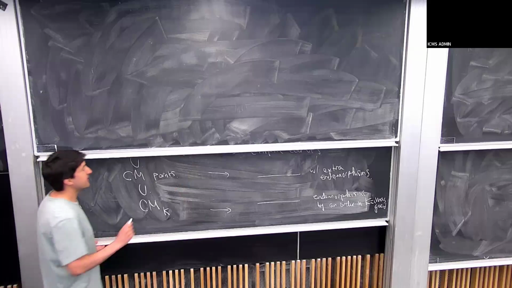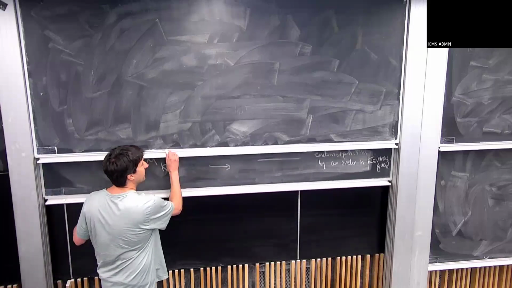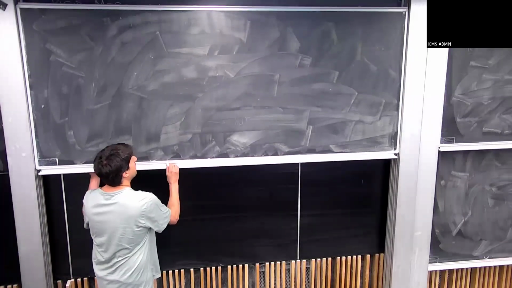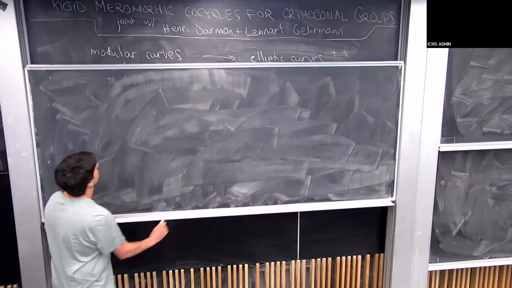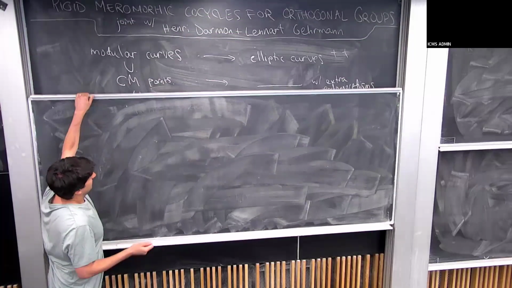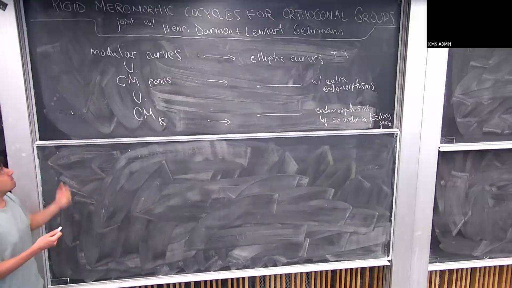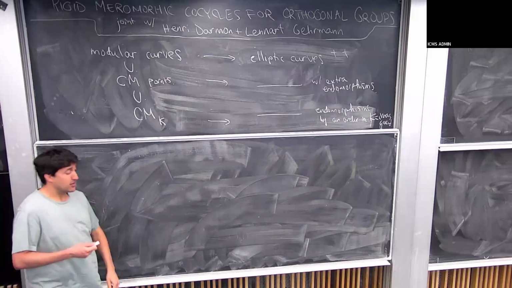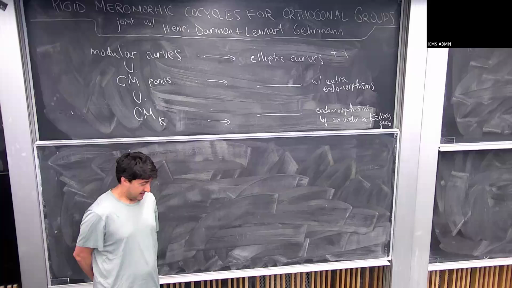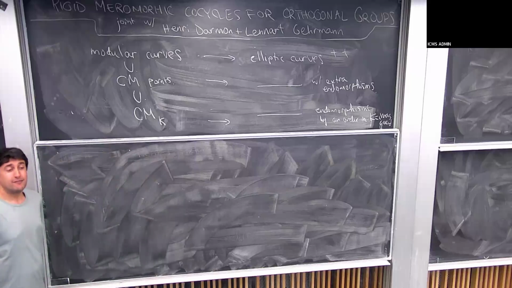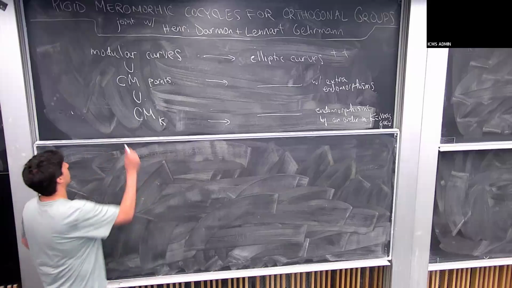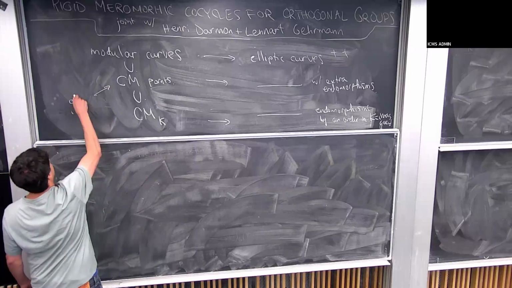So in the arithmetic of modular curves and modular forms, well, let me say first that CM points on modular curves, I dare say they're the only systematic collection of algebraic points. So these are algebraic points.